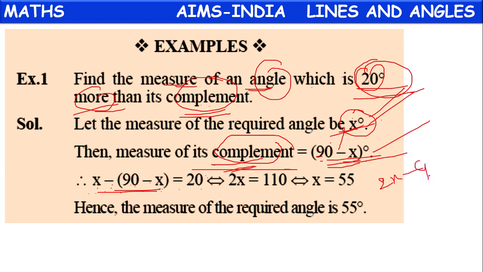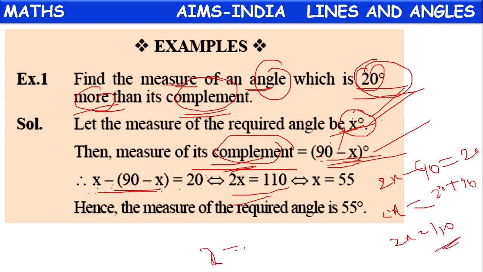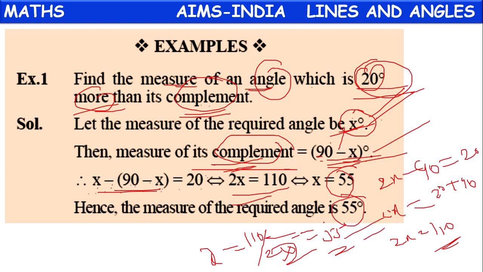So 2x equals 20 plus 90, which is 110. x equals 110 by 2, which is equal to 55 degrees. So the required angle is 55, because the required angle we assumed as x, and the x value is 55.